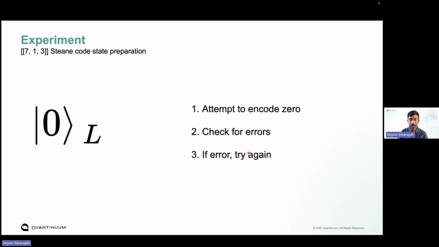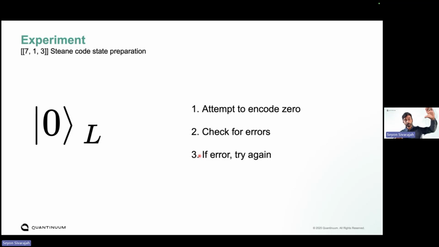Now, here's where the Guppy magic is, really. So those of you familiar with programming quantum circuits in legacy tools, if you think about how you would write this logic of if error detected, try again, you might be able to come up with a convoluted way, but you can probably imagine it would be quite cumbersome with a flat circuit. You'd have to unroll everything into a certain number of attempts.